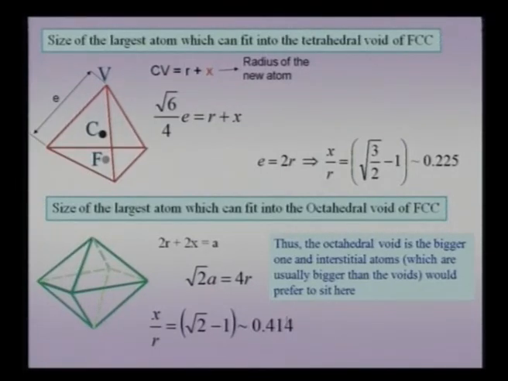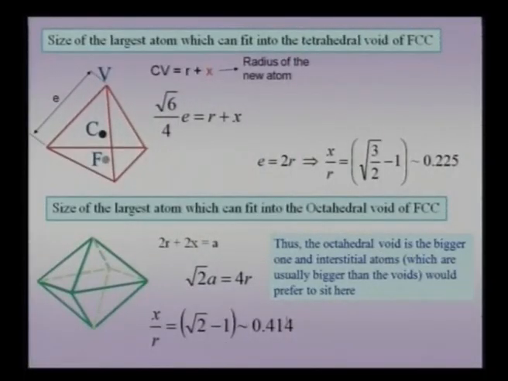Later on we will convert this radius ratio into actual dimensions, for instance for the iron crystal, and compare with the carbon atom which goes and tries to sit in some of these voids. In that case you will get a realistic feel of what these void sizes mean with respect to the atoms sitting in the lattice positions.